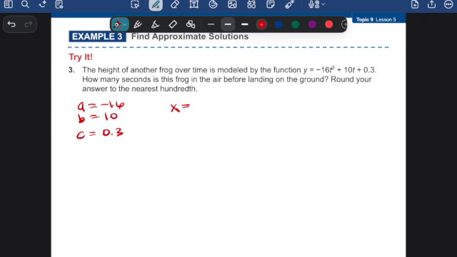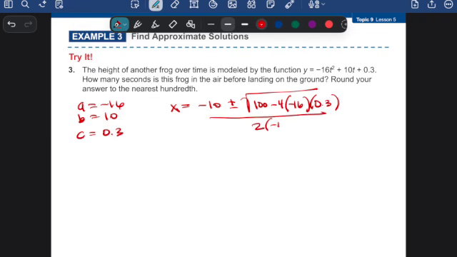X equals opposite B, which is negative 10, plus or minus the square root of B squared, it's 100, minus, and I'm going to write this part out, 4 times A times C, all over 2 times negative 16. I'm going to let you simplify underneath the radical.